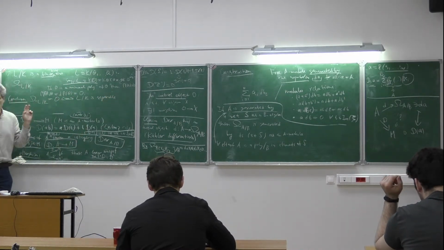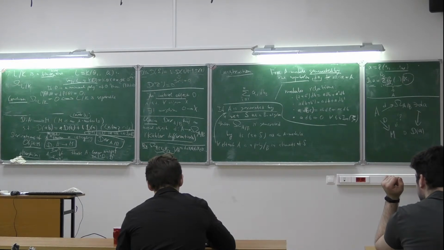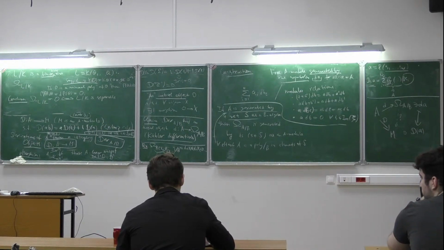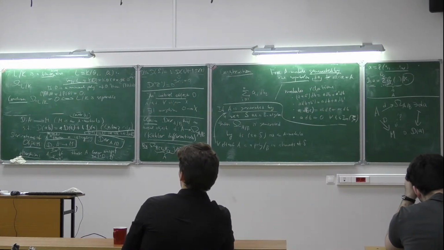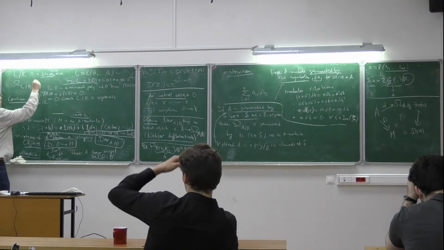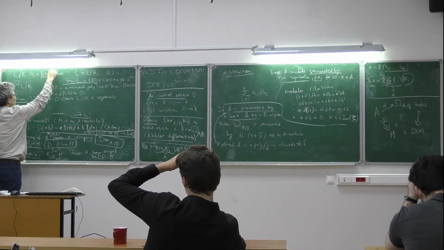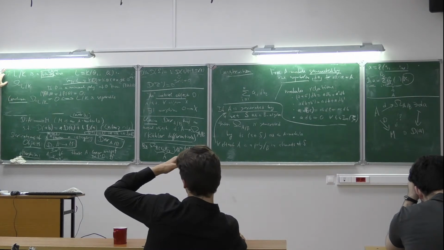Because you see that the derivative can be 0 only if the minimal polynomial has multiple roots. Yeah? And this is the definition of separability. But you see, here you have to be careful because we should really assume that this extension is finite.